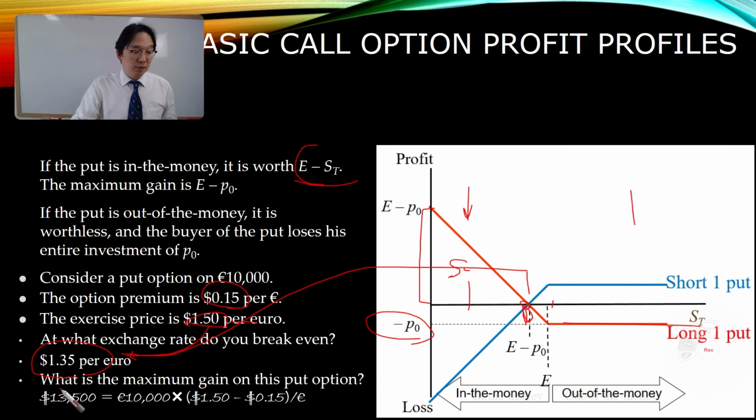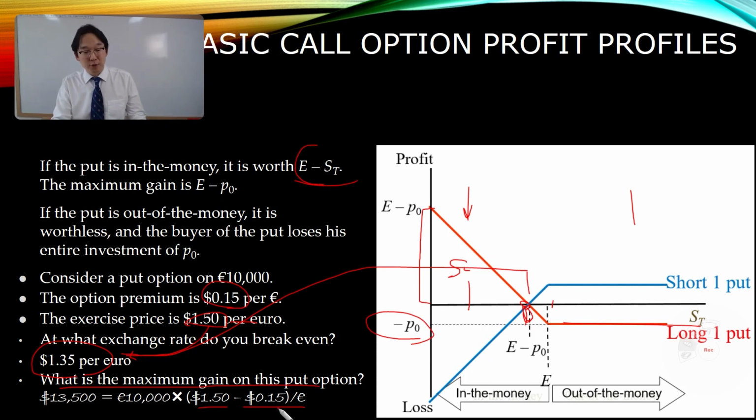Let's say the maximum gain over here is 1.5 minus your put option price that you purchased, 1.5 minus 15 cents, times the euro amount, 10,000 euro. So it gives you $13,500. Okay, that's this guy.